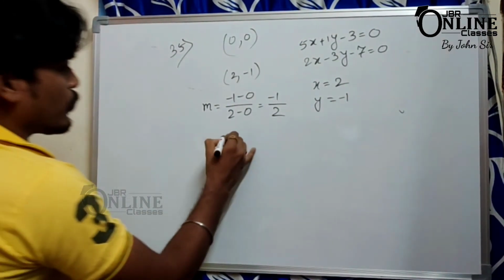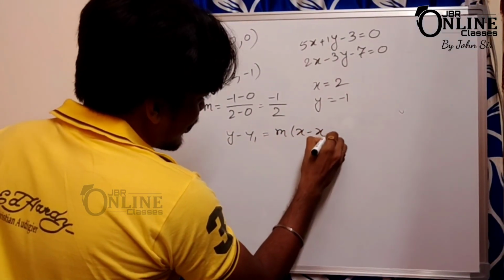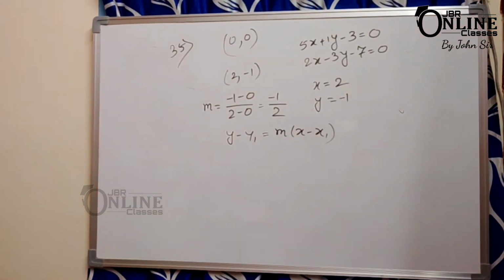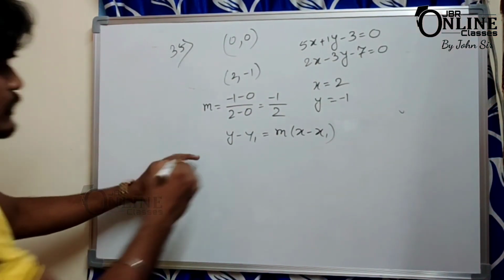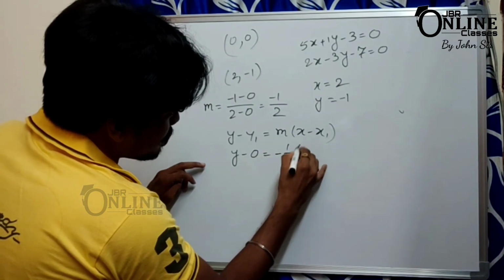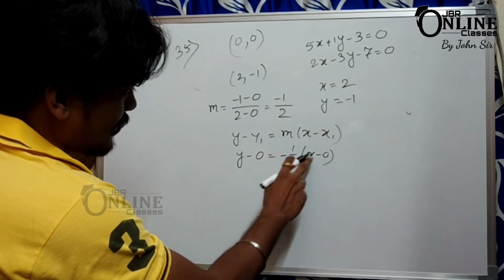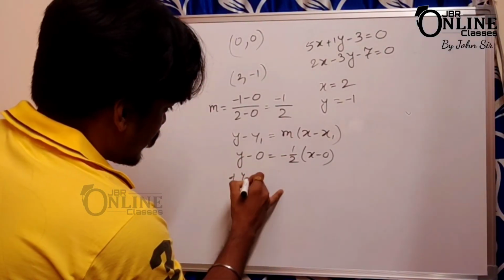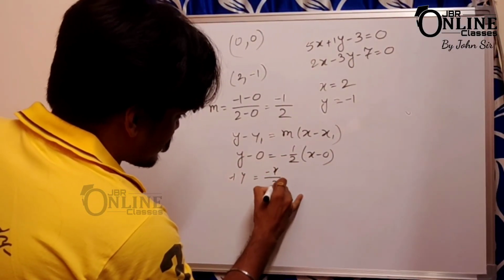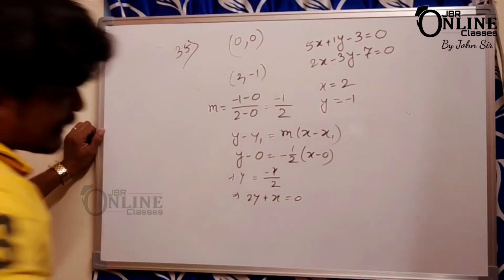Now apply the formula y minus y1 equals m into x minus x1. Just put in the values: y minus 0 equals minus half into x minus 0, so y equals minus x by 2. If you multiply it, 2y plus x equals 0. That is the final answer.